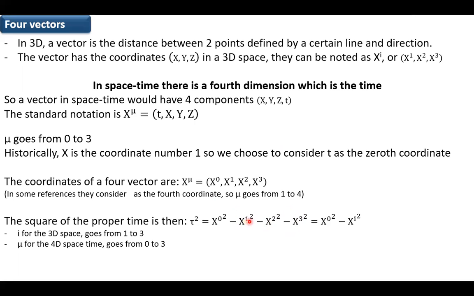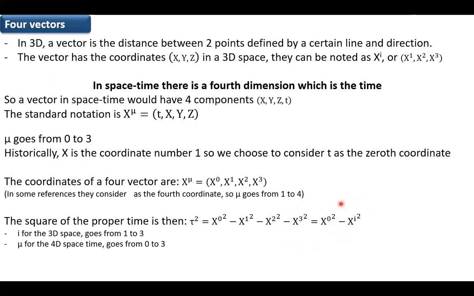So here you have the upper index 0, 1, 2, 3 squared. So maybe if you put a couple of parentheses here, you will see it better. So at the end, it's (x^0) squared minus (x^i) squared.